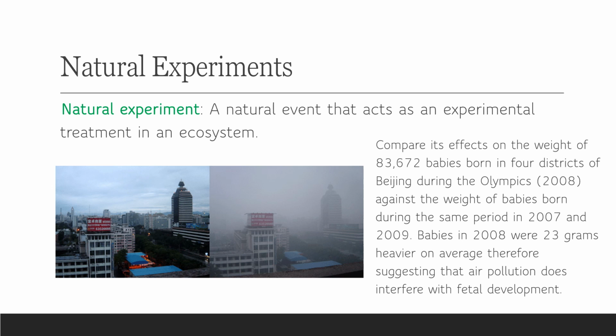So, an example of this would be the effects on the weight of babies born in 4 districts in Beijing during the Olympics in 2008 versus the weight of babies born during the same period in 2007 and 2009. Babies were born heavier on average during 2008, therefore suggesting that air pollution does interfere with fetal development.